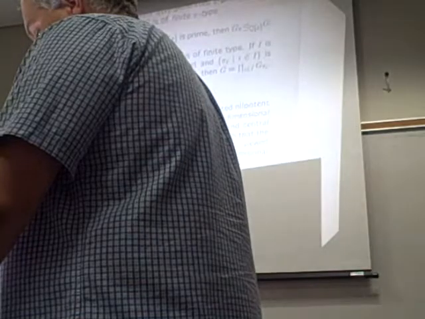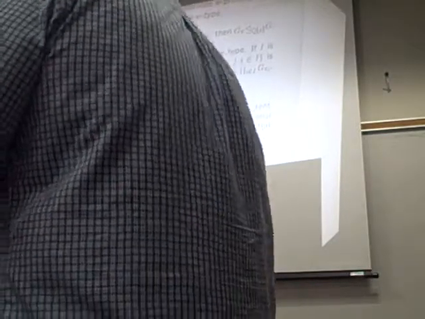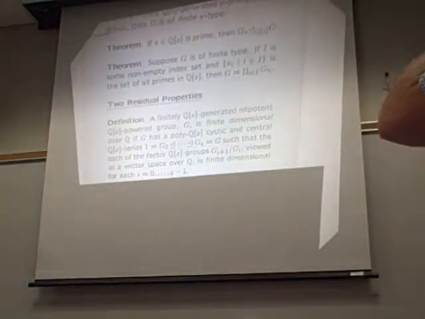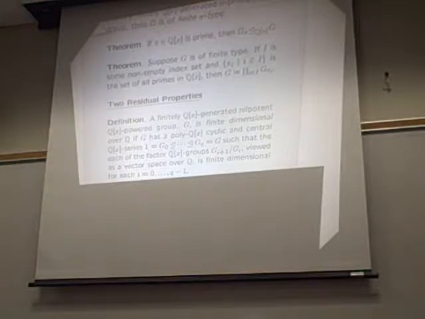Now I want to state for you two residual properties. If you have a finitely generated nilpotent Q[x] group, G is finite dimensional over Q. We say that it's finite dimensional over Q if it has a poly-Q[x]-cyclic and central series, which we know it does, from an earlier result.